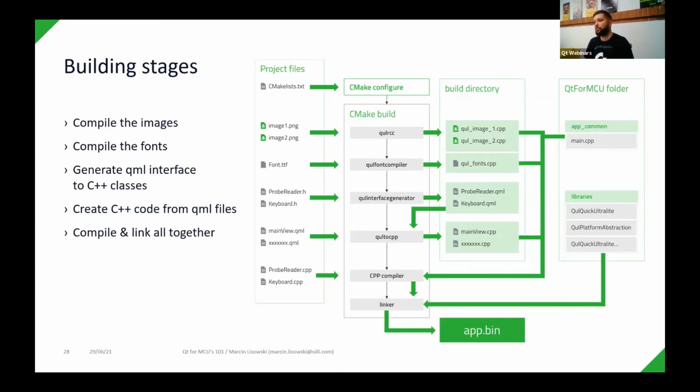So the Qt font compiler will go through all of your QML files, will take your font file and will generate the fonts as alpha maps. So in general, as bitmaps as well, but in the alpha format that will hold just the transparency for the pixels to save some memory. But in general, the Qt font compiler is the second step of compilation.